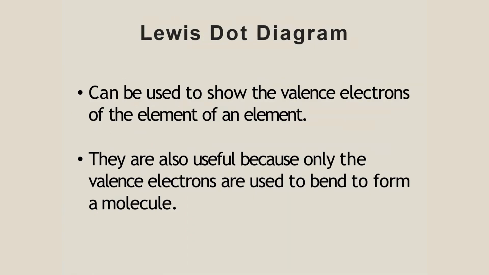How can we represent the Lewis dot diagram, and what is the importance of the Lewis dot diagram? The Lewis dot diagram can mainly be used to show the valence electrons of the atom of an element. It is also useful because only valence electrons are used to bond and form molecules.